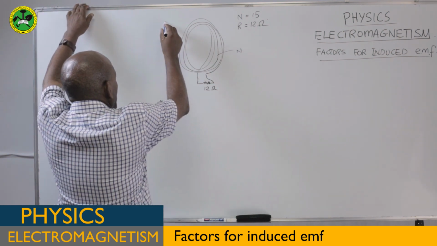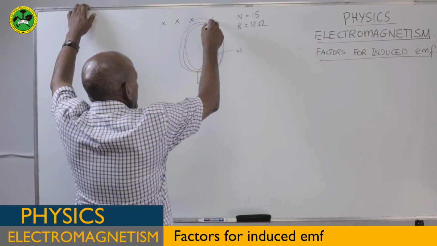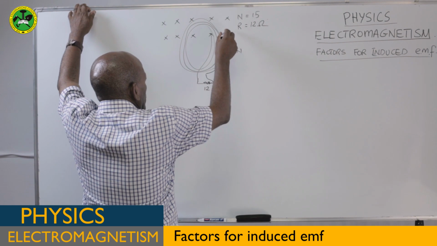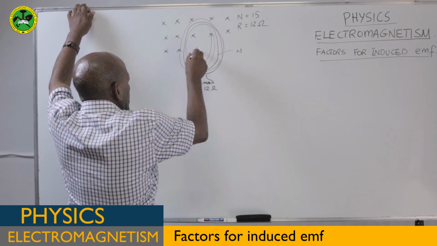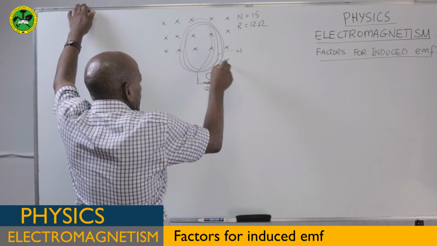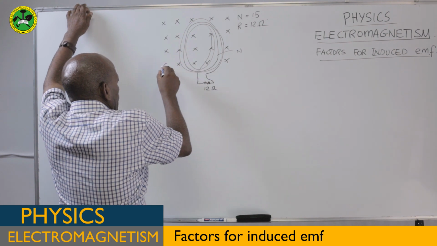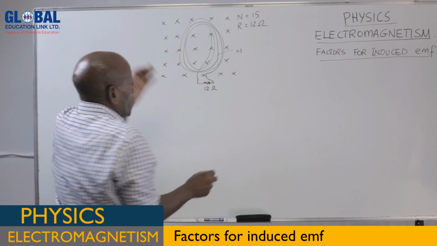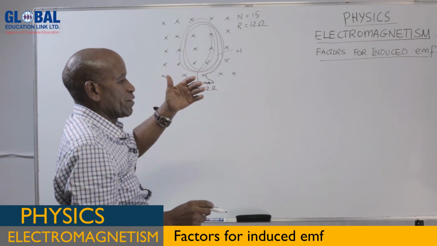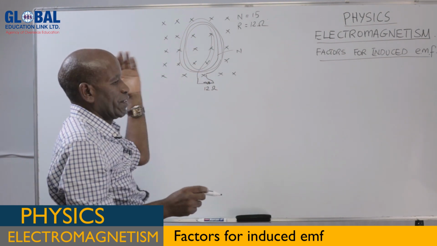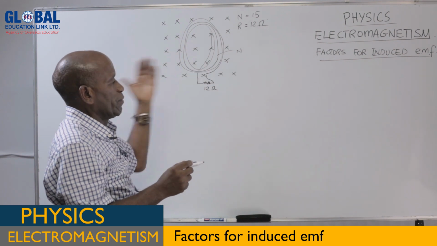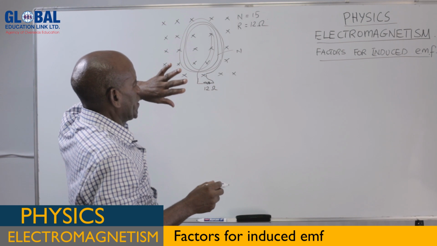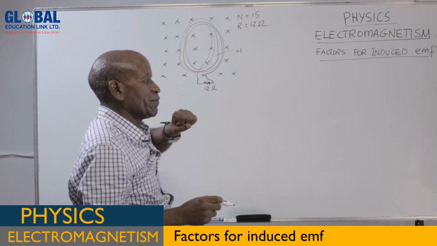I can take the magnetic field to be perpendicular to the board here, so that the field is going into the board. The coil is made to move across it, so it will be varied in this way, interacting with the magnetic field going into the board.